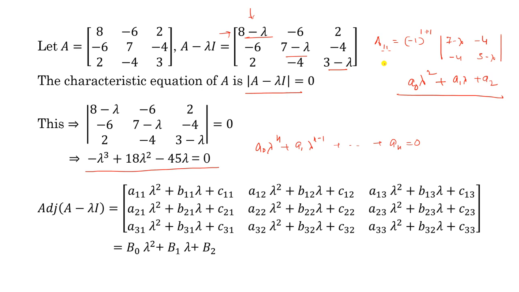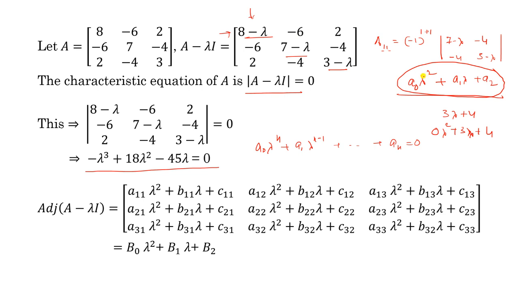Suppose for a particular cofactor you get only the expression 3 lambda plus 4. We can write it as 0 lambda square plus 3 lambda plus 4. It means every cofactor can be written as a polynomial of degree 2 in lambda.